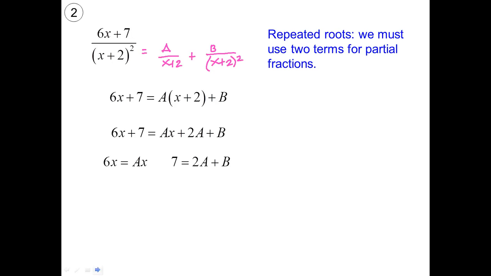In here, I have equated coefficients. So your a is equal to 6. The terms that have the x, then your 7 should be equated to 2a plus b, because 2a and b are constants on the right side, just like 7. So your a is 6. You substitute it here. This would be a 12 subtracted from 7. So that would be a negative 5. Okay, so your a is 6 and your b is negative 5.